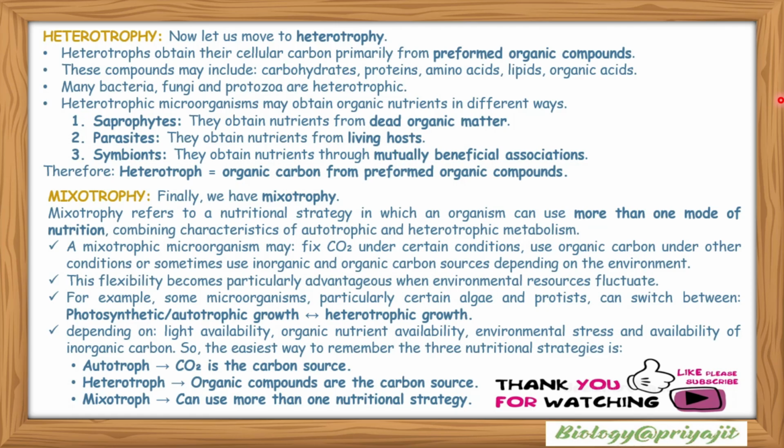For example, some microorganisms, particularly certain algae and protists, can switch between photosynthetic or autotrophic growth and heterotrophic growth, depending on light availability, organic nutrient availability, environmental stress, and availability of inorganic carbon. So the easiest way to remember the three nutritional strategies is: autotroph, carbon dioxide is the carbon source; heterotroph, organic compounds are the carbon source; and mixotroph can use more than one nutritional strategy.